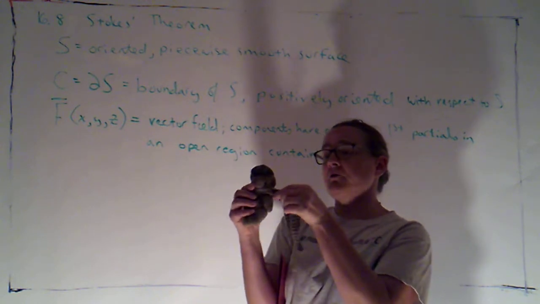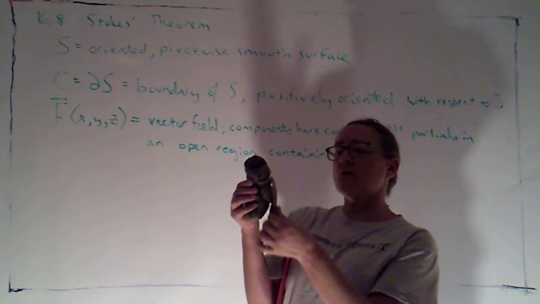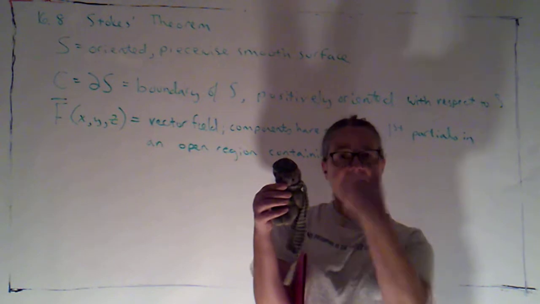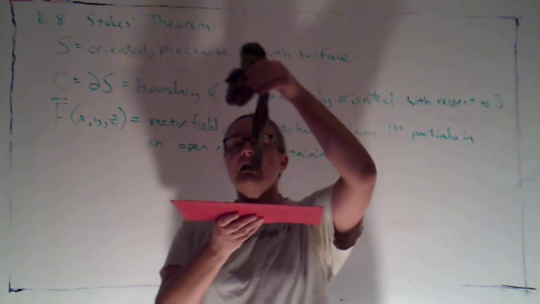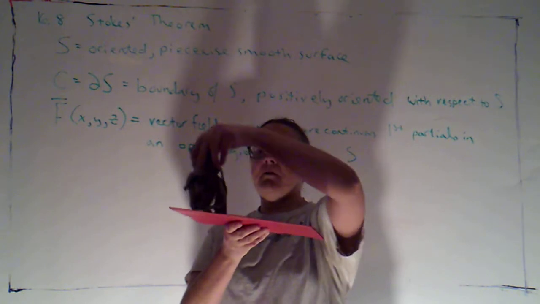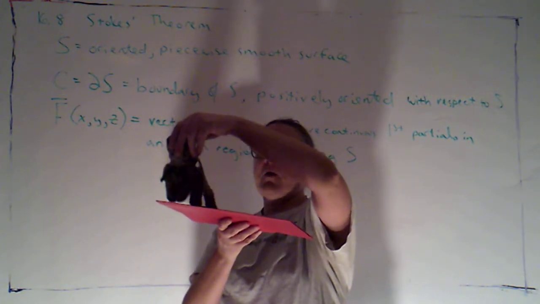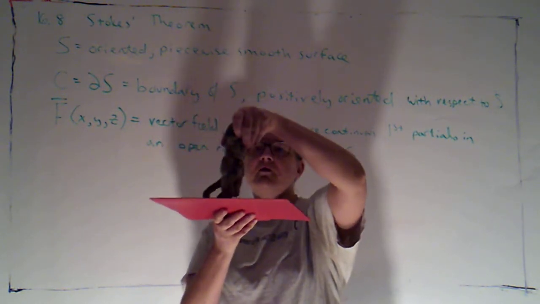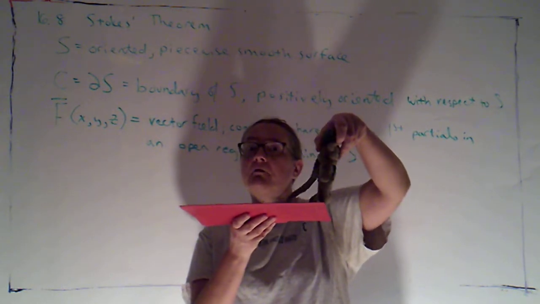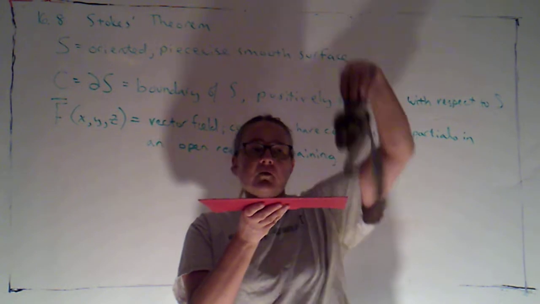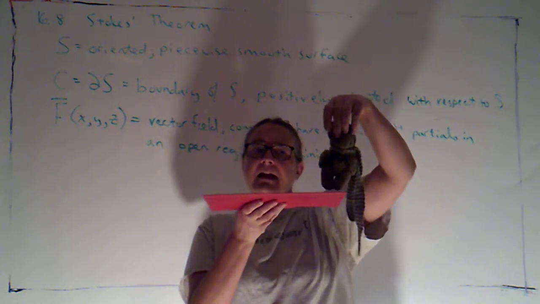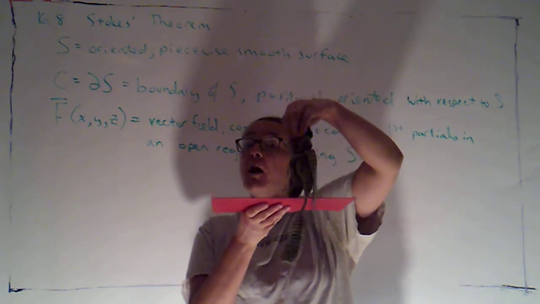But what I'm going to do is rig it so that the scarf is on his left side right now. Okay, and you can see if he were walking around the boundary this way, then the surface lies on the side where the scarf is. It lies to the left. Whereas if he were to turn around and walk around this way, now the surface is on his right.